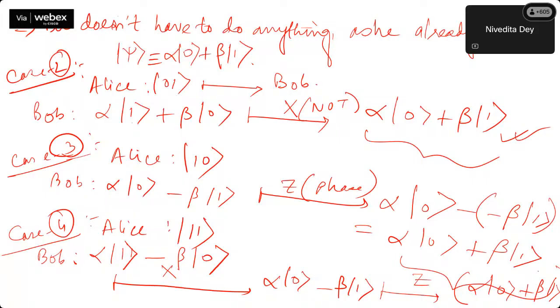Right? So these are all the four cases of what Bob can receive, and this is how, through several quantum gates, Bob can construct the original quantum state that Alice wanted to send to Bob.